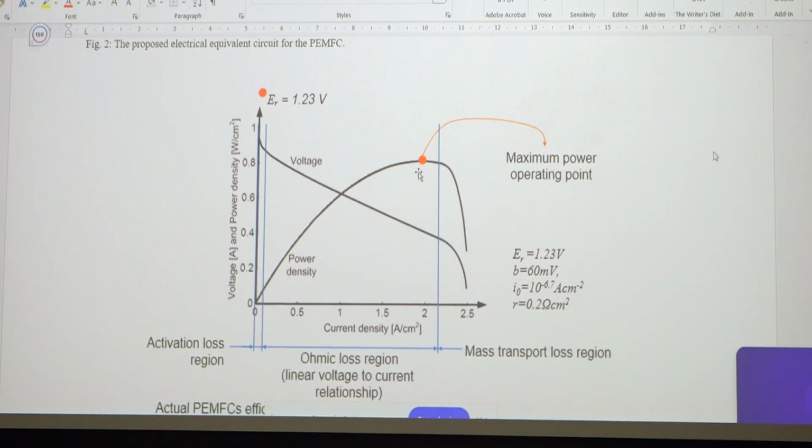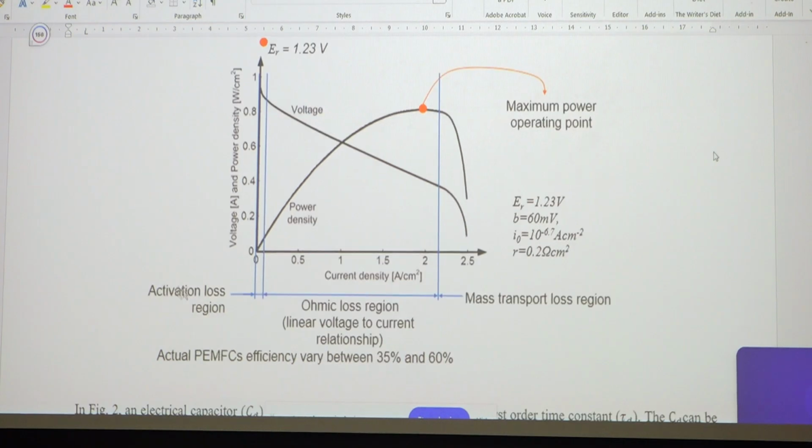So if we see the VI characteristics curve of a proton exchange membrane fuel cell, after zero you see there is one vertical range. This is the very low current density region, and this region represents the activation voltage drop, because this is the very minimum voltage you have to supply between electrodes to energize electrons to transfer from one electrode to another, let me say anode to cathode.